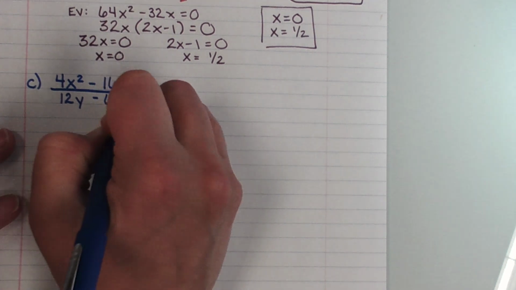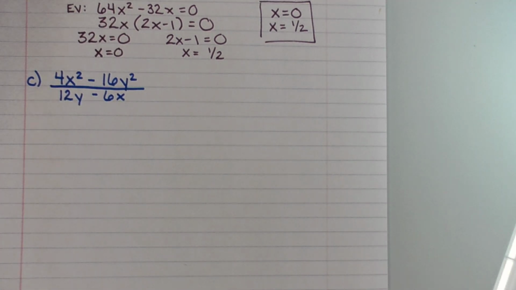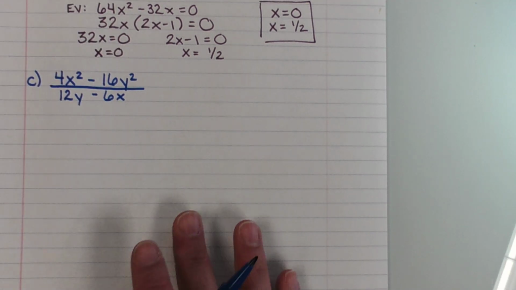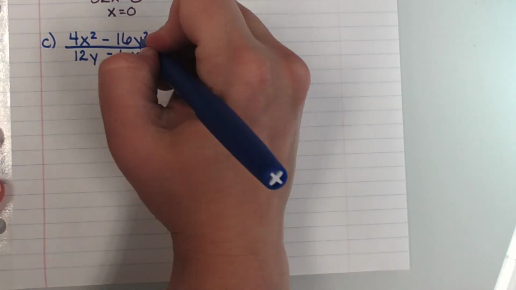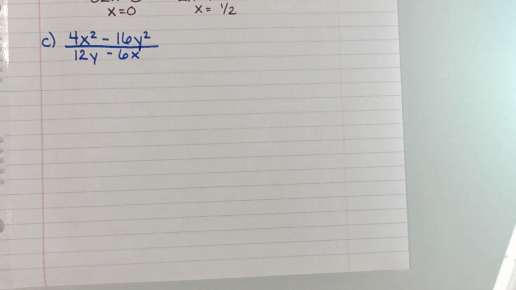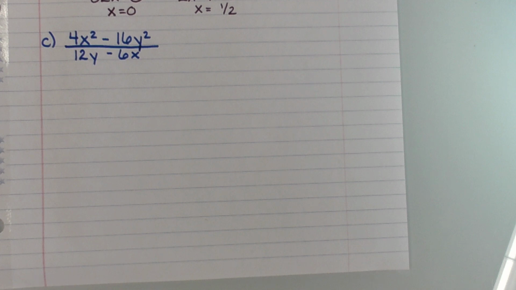So let's talk about it. Four x squared minus 16 y squared, over 12y minus 6x.